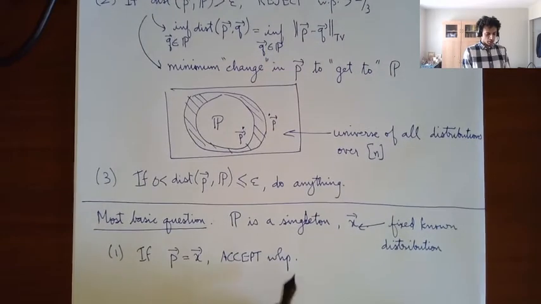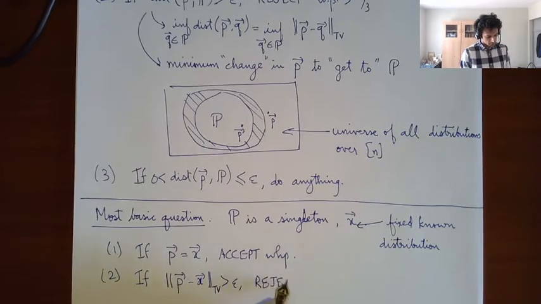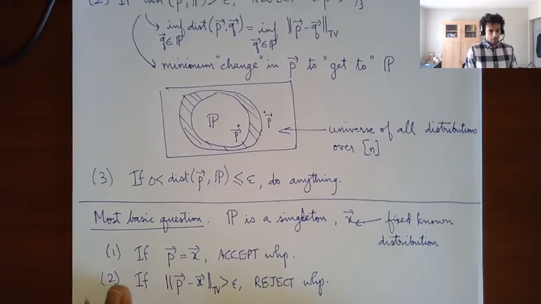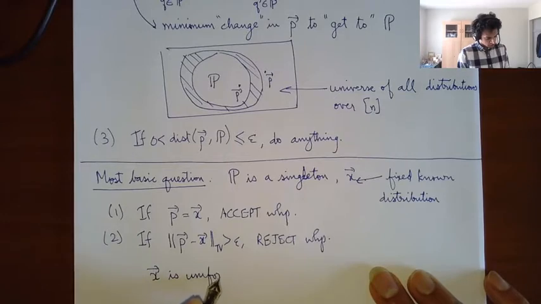Remember, I'm just going to say high probability is with probability 2/3, and we can do all the boosting that we have discussed before to improve the probability of success. And if, let me again just use total variation, P is far from X, then reject.